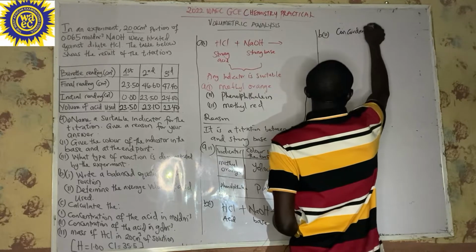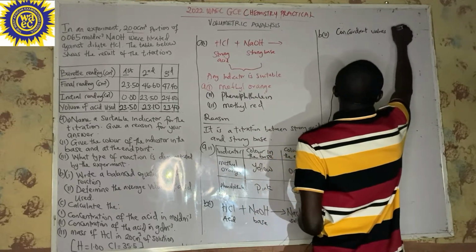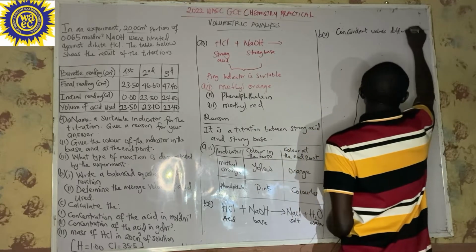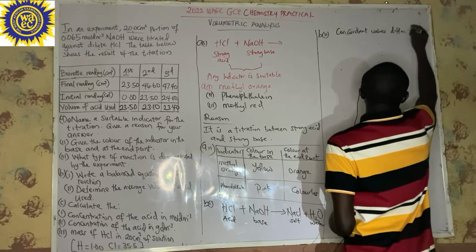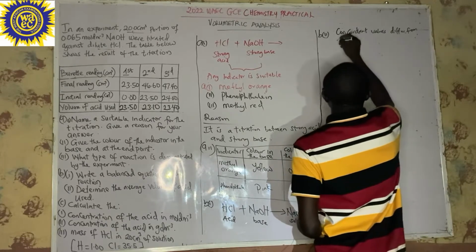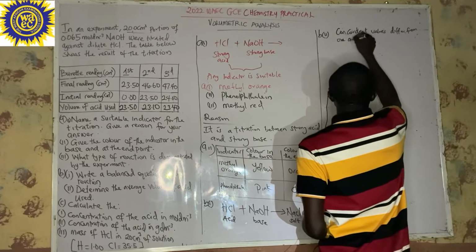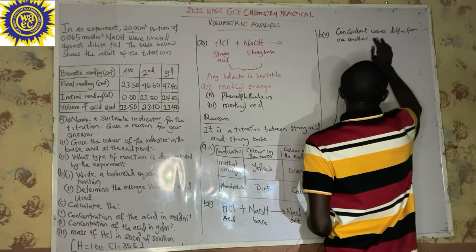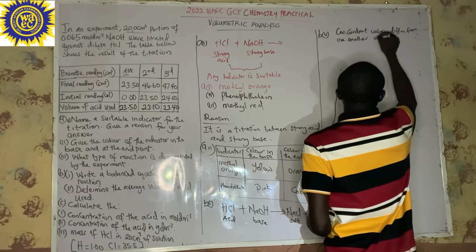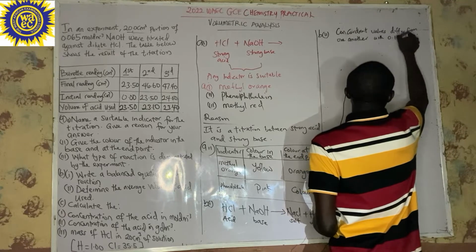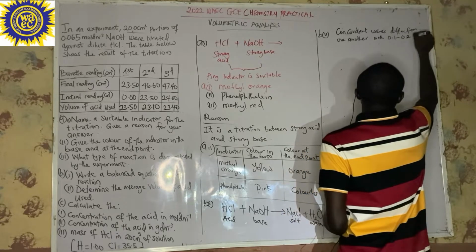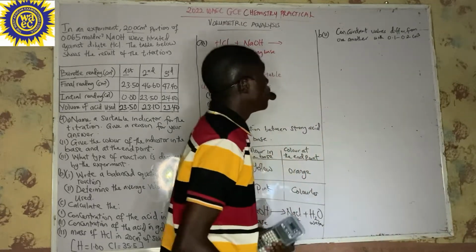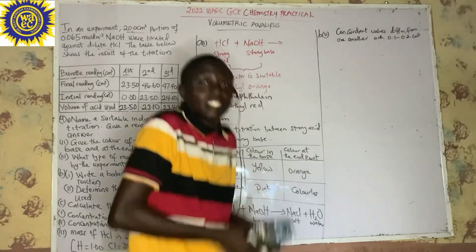Concordant values differ from one another, or from each other if there are 2, by a range of 0.1 to 0.2 centimeter cube. So that's the difference. It must not exceed 0.2.